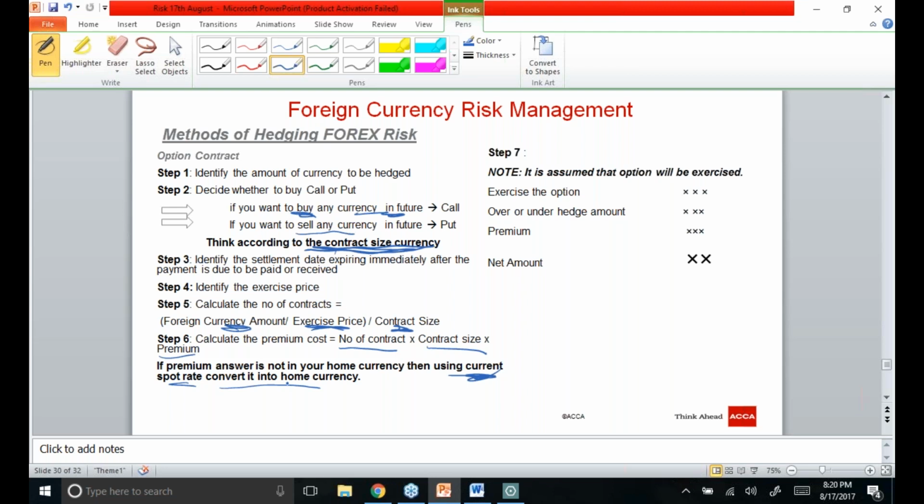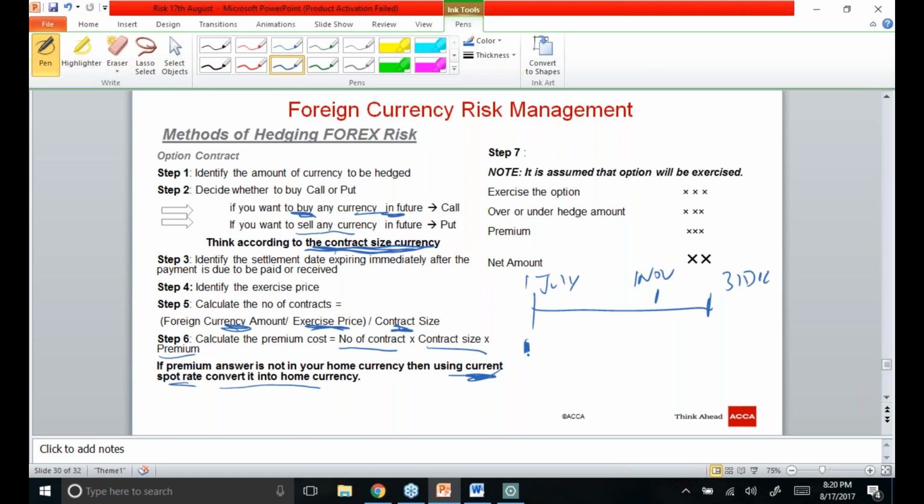Okay, then the last step is that you always have to exercise the contract. Let's suppose we are at 1st July and you have selected the 31st December option and your transaction is on 1st November. Obviously, you are still at 1st July, you have bought the option, and you are going to decide on 1st November whether you are going to exercise the option or not.